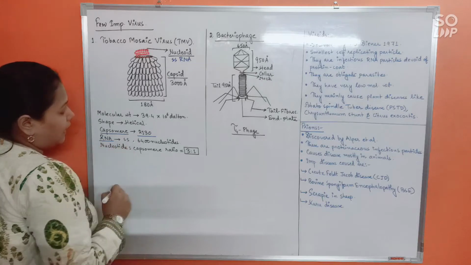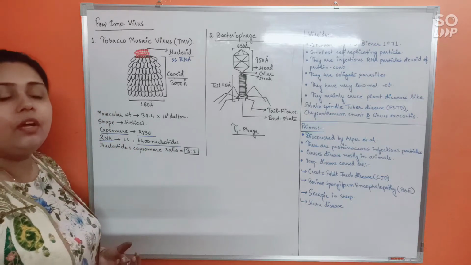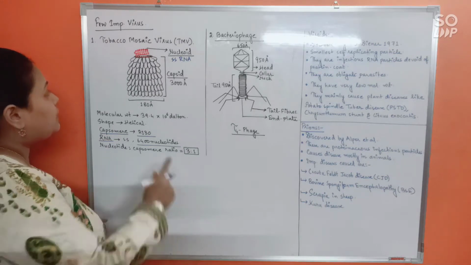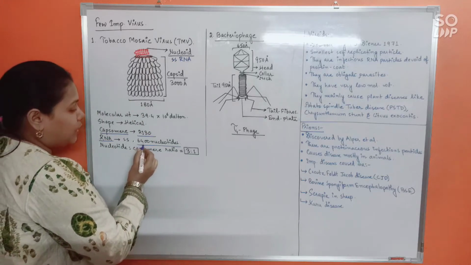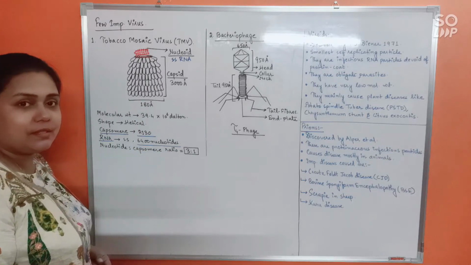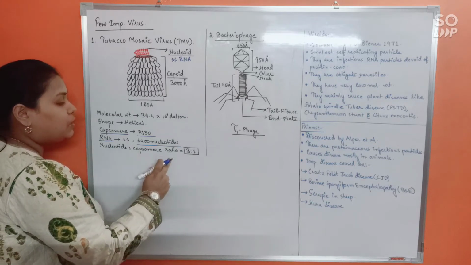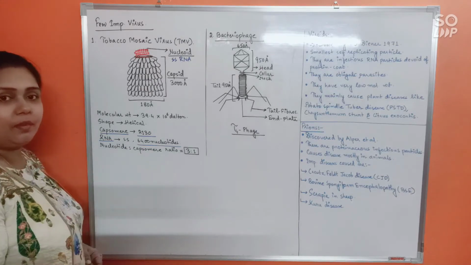RNA is single-stranded, and as you know, DNA and RNA are nucleic acids, so they are made up of nucleotides, okay? So the single-stranded RNA of the TMV is made up of 6400 nucleotide units, alright? So in that case, the nucleotide to capsomere ratio in the virus would be 3:1, alright?